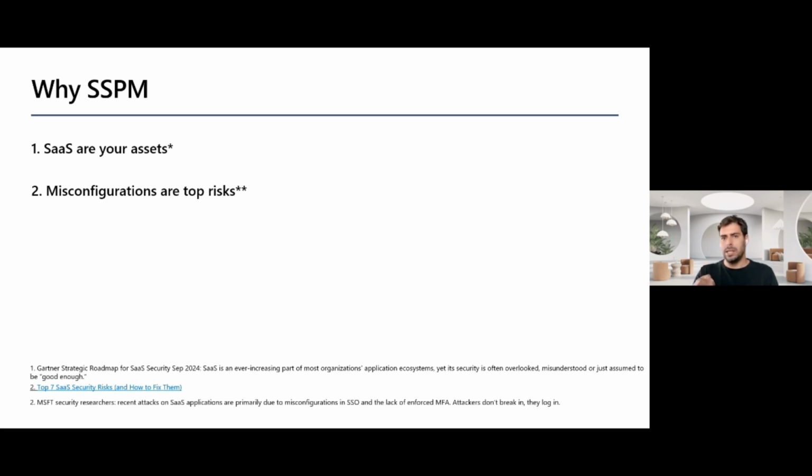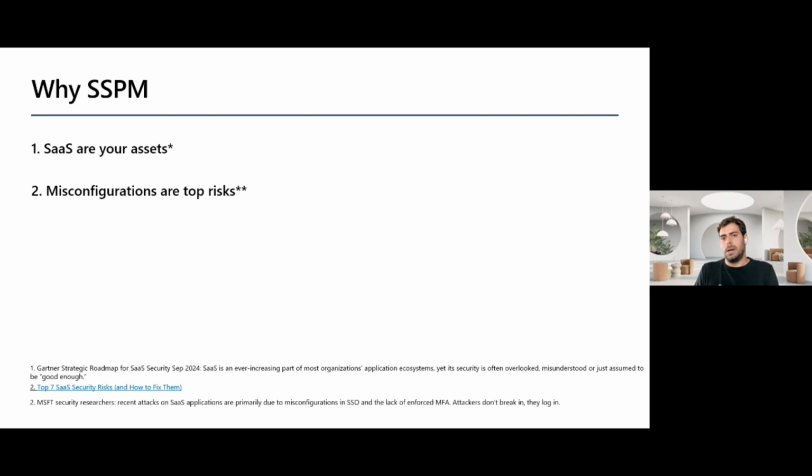Even more accurate than that, just by properly setting single sign-on (SSO) and multi-factor authentication (MFA) to these applications, our research team sees that this is the root cause for most of the recent attacks on SaaS applications. And one more thing that I want to stress: attackers don't break into the SaaS app; they log in to the SaaS application.